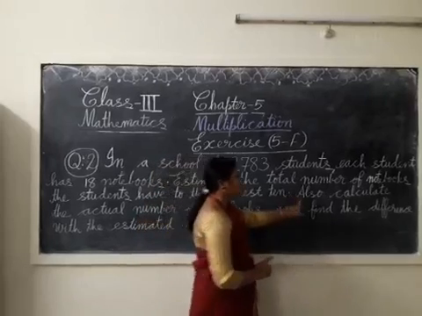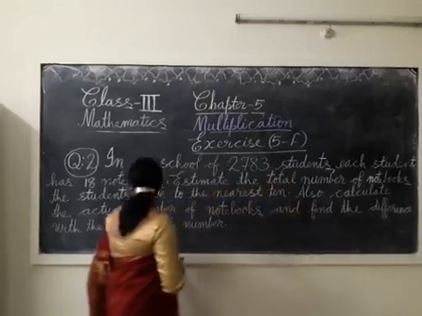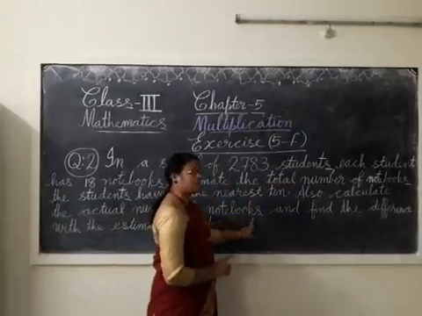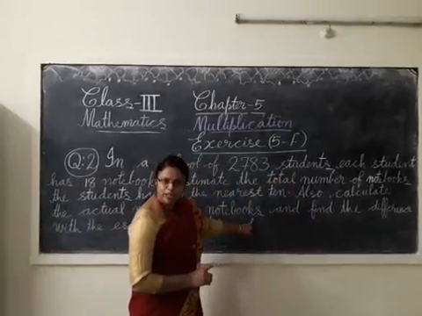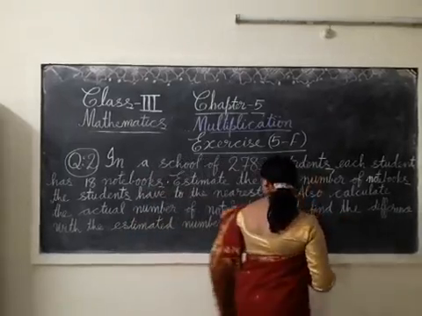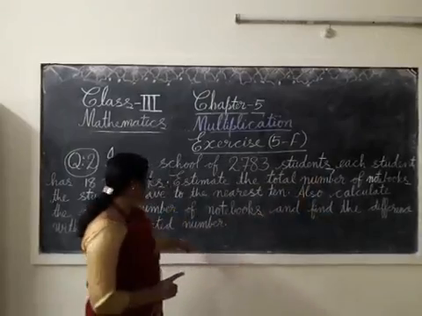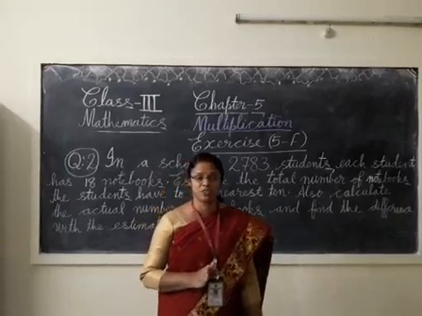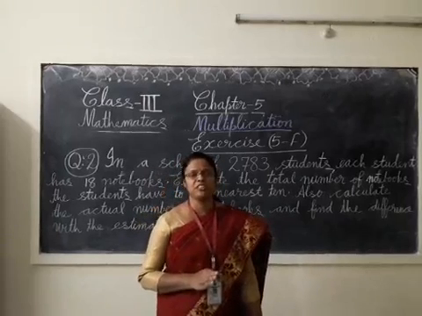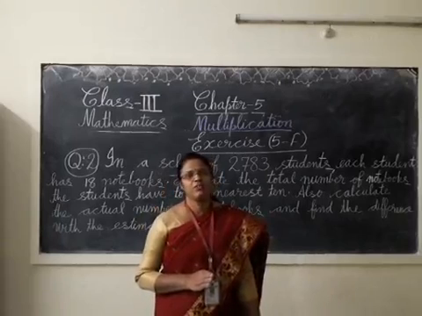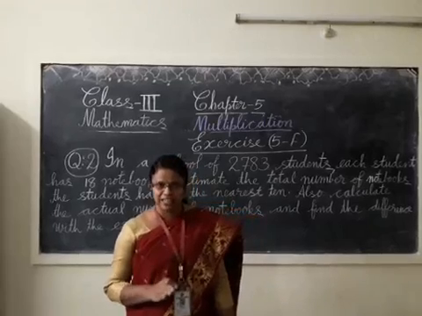And also calculate the actual number of notebooks, and find the difference with the estimated number. So 3 processes we have to do. First, the total number of notebooks, we have to estimate to the nearest 10.